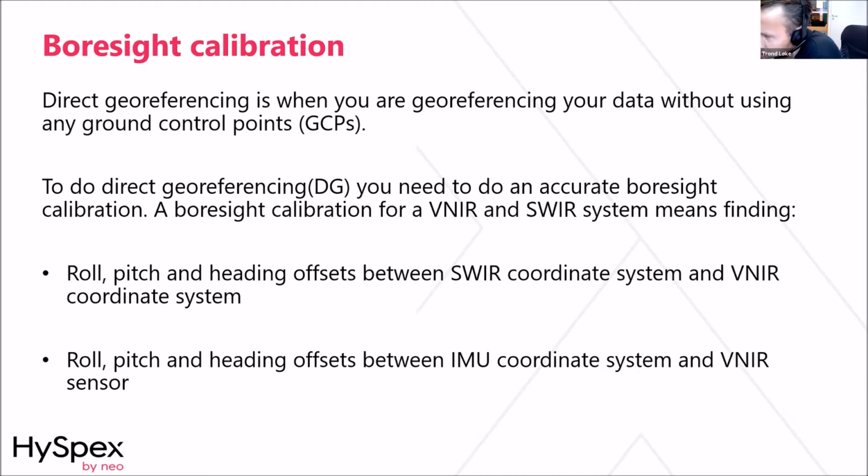This is to ensure a good co-registration between those two sensors, no matter what kind of INS solution or elevation model you have. Then we do the VNIR to Earth boresight. Now we don't have a SWIR camera, so we only do VNIR to Earth boresight, so VNIR to the IMU coordinate system. We are finding the rotational offsets in roll, pitch, and heading between the coordinate system of the VNIR and the IMU.